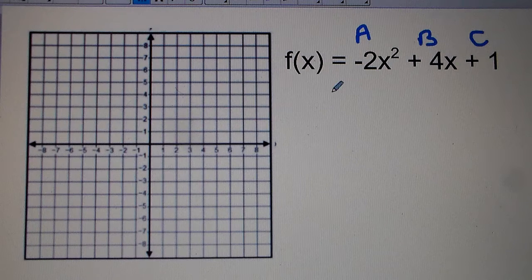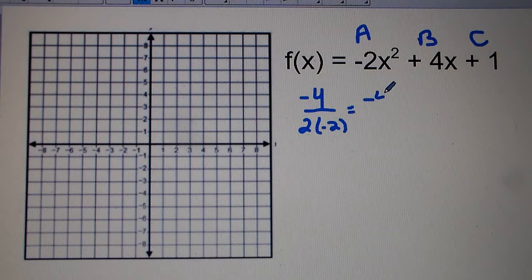So I identify my a, b, and c. I do minus b over 2 times a, so 2 times a negative 2. This is to find my x value in the vertex. So negative 4 over negative 4, because 2 times negative 2 is negative 4. Negative 4 divided by negative 4 is positive 1, so that is my x value in the vertex.